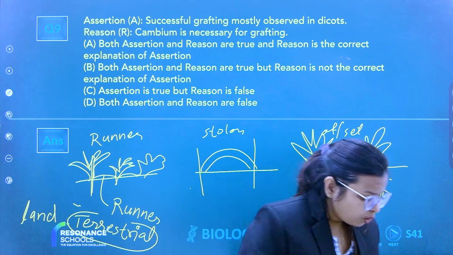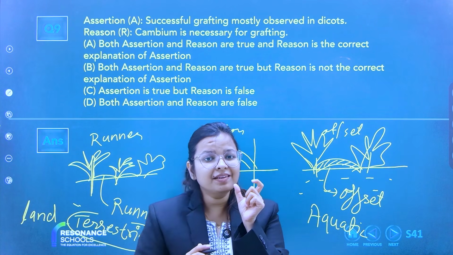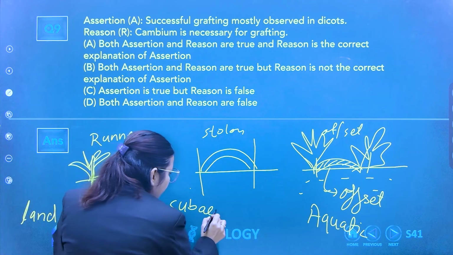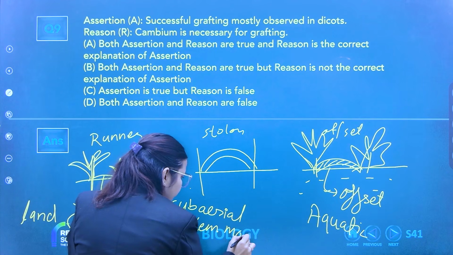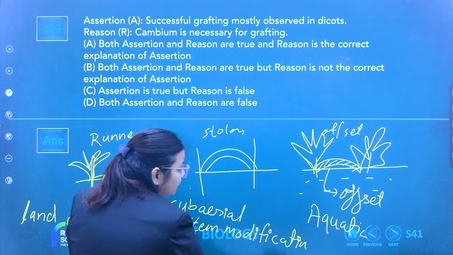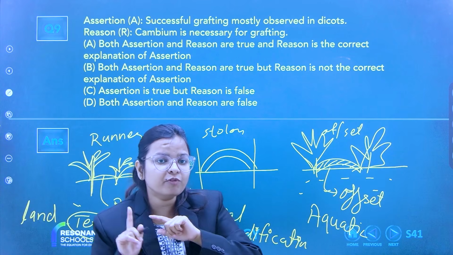Explain runner. Okay. See, whatever doubt you are having in subaerial stem modification, these are the subaerial stem modifications. These three are kinds of stem, but modified stem. They are different from a normal stem.